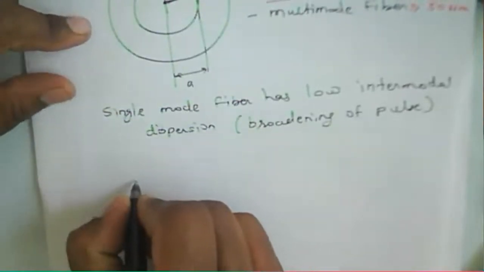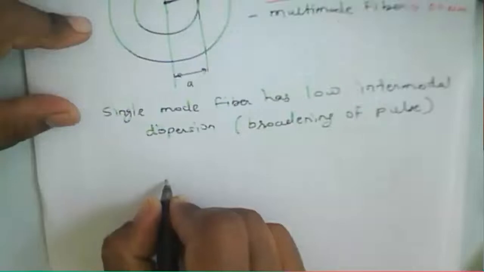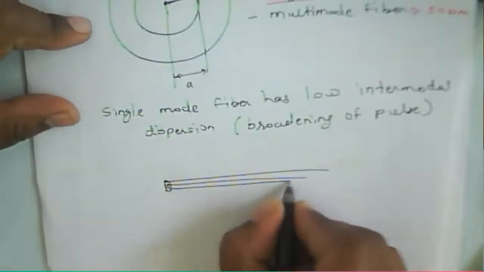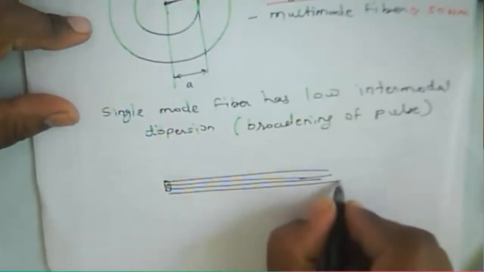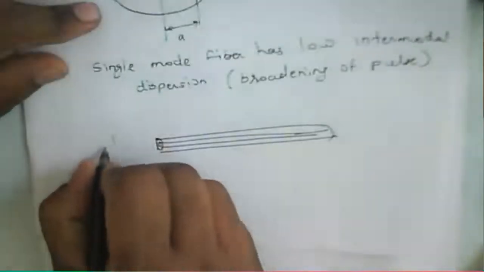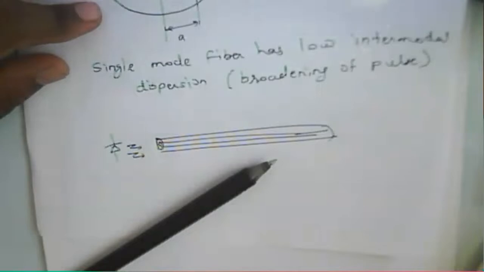So what does pulse broadening mean? For a given particular fiber, this is the core of the fiber, and this one is the cladding. We have a device that will transmit the signal.